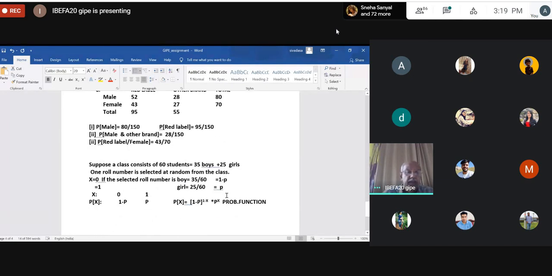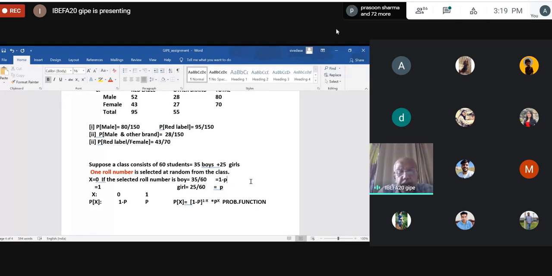Look here, I am considering a class of 60 students and one roll number is chosen at random. But the selected roll number may be either for boy or for girl, just like tossing of a coin. But I translate the experiment into notation form. X is 0 if the roll number is boy, 1 for girl.